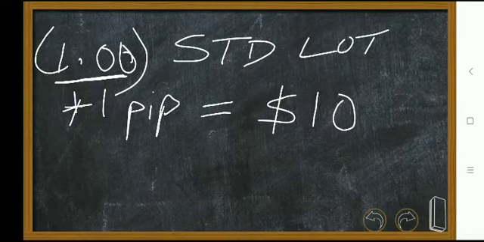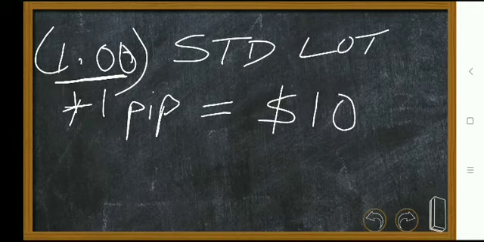One pip is equal to $10, and it's across the board in general, because for USD JPY, one pip might be around $9.8, and GBP JPY might be around 10.6.